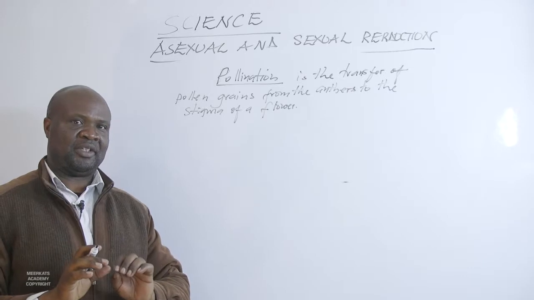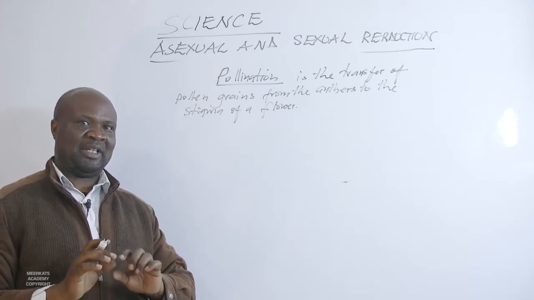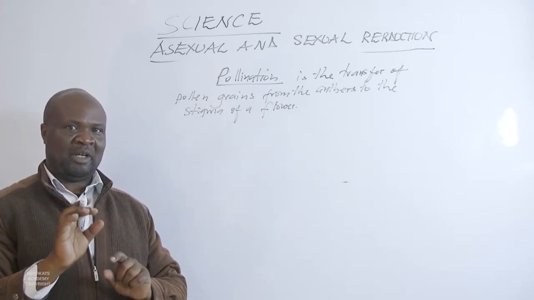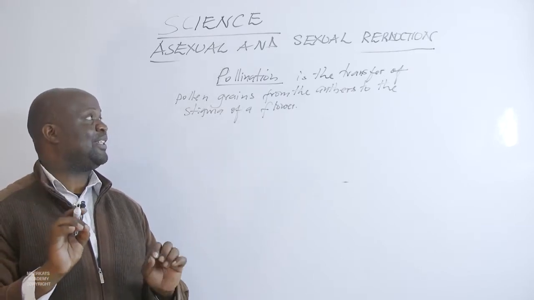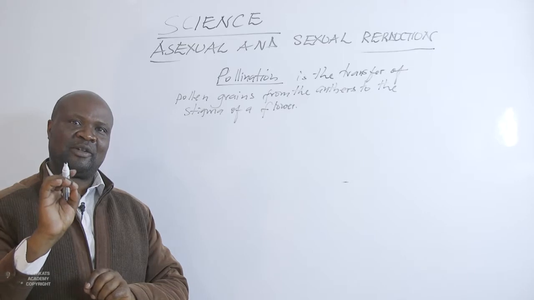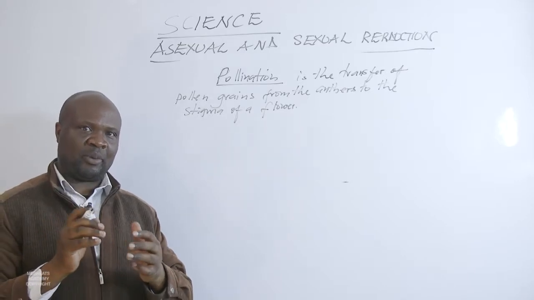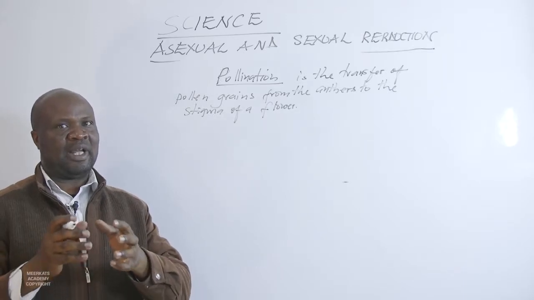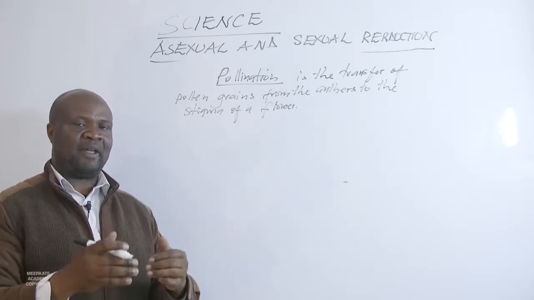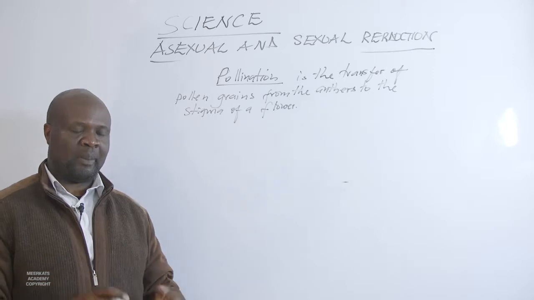You can see that process. We know where the stamen is. That's the male part of a flowering plant. Up there we have the anther, and anthers are responsible for producing the pollen grains. When the pollen grains are transferred from the anthers to the stigma, we call that process pollination.